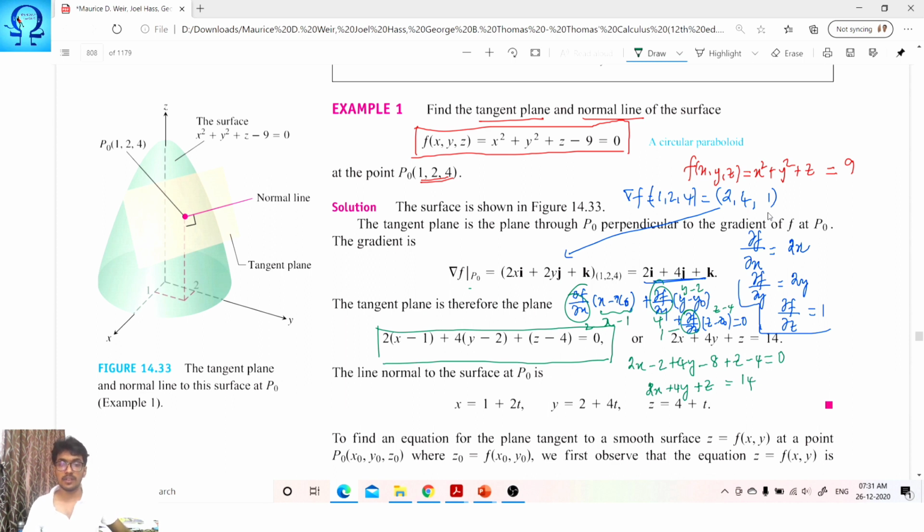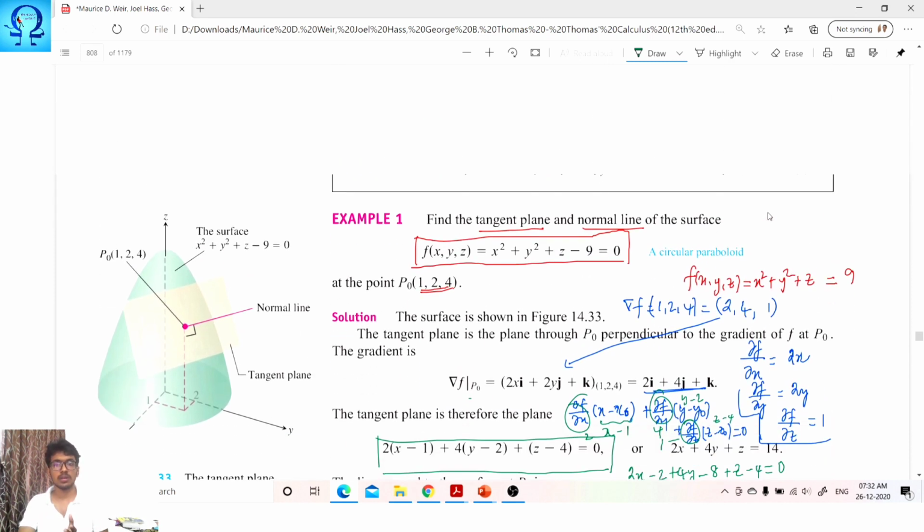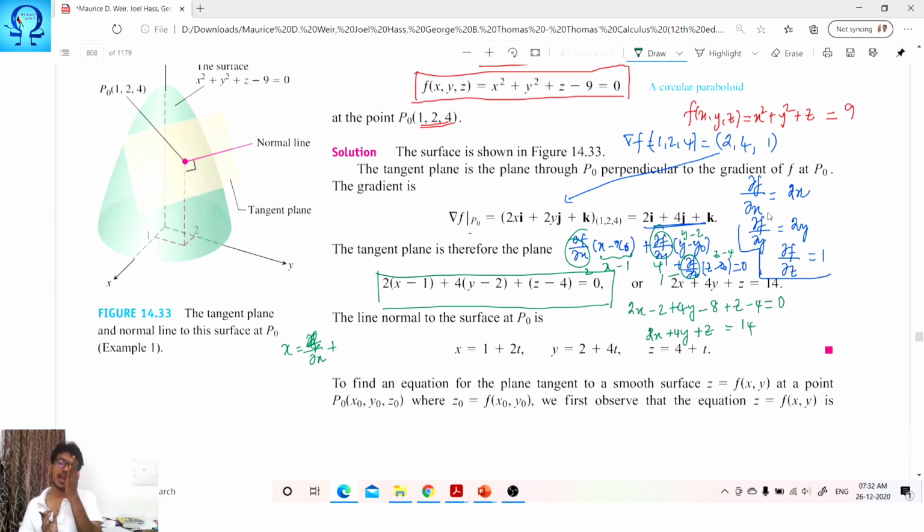So next we'll have to identify the normal line to the surface. Sorry, I think I am making some mistake. Your x may be written as, you can look, your x is x naught plus del f upon del x evaluated at the point multiplied with t.